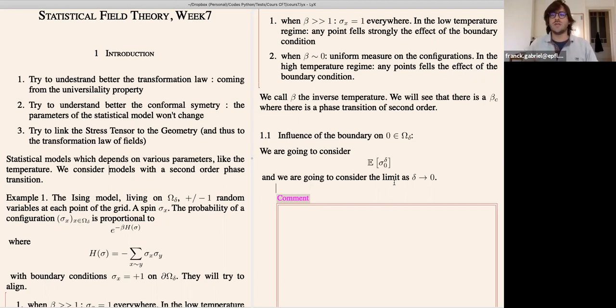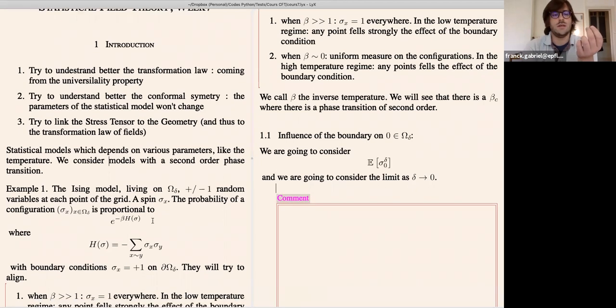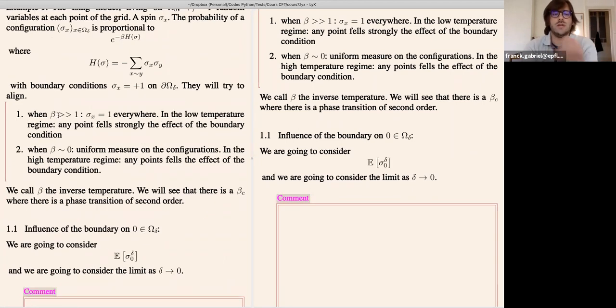Of course, if beta is very large, we saw that sigma should be kind of equal to 1. So what we should see is that if beta is really huge, even when delta goes to 0, you feel the boundary condition so much, even if you are far, that the spin will be equal to 1. The expectation will converge to 1.